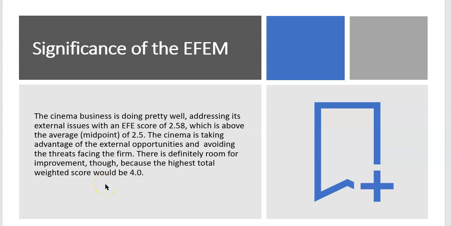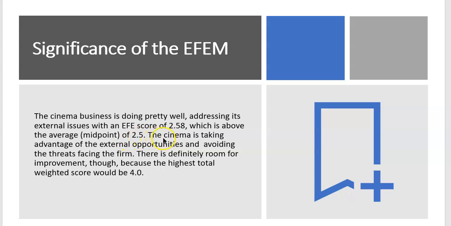From the EFEM, it will tell us something about the company, the significance of the EFEM or the interpretation of the matrix. Here, the significance of the EFEM is that the cinema business is doing pretty well, addressing its external issues with an EFE score of 2.58, which is above the average midpoint of 2.5.